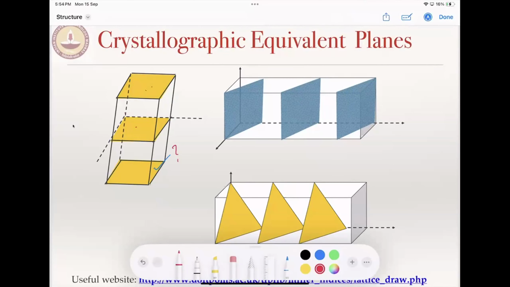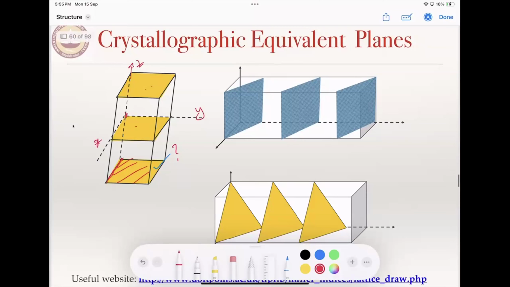So let us say this is my origin. That is my x, that is my y, that is z. So now I have to write the Miller indices for that plane. Where is it cutting the x-axis?